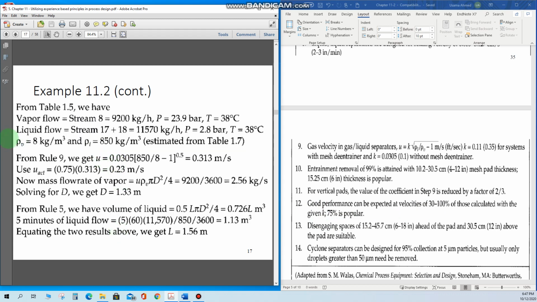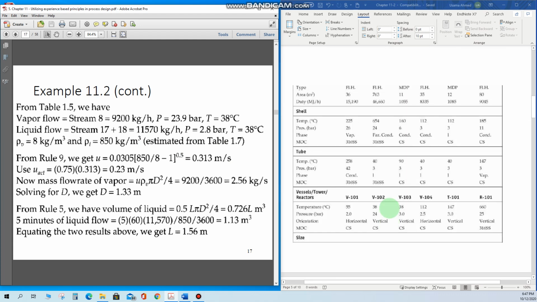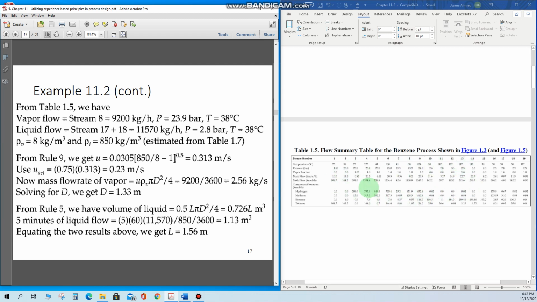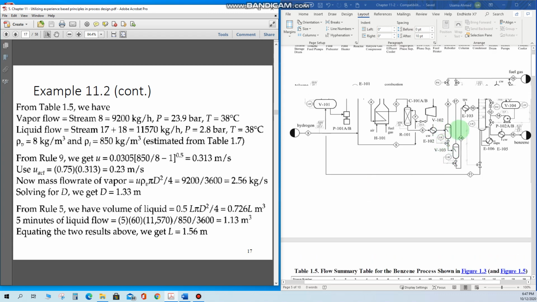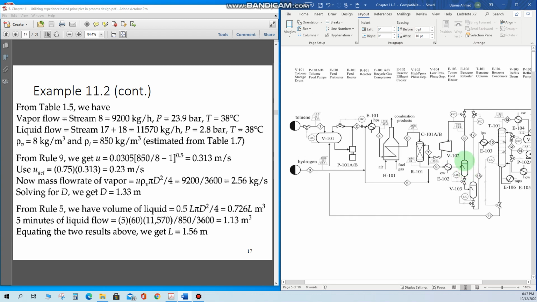Now from Table 1.5 we have the vapor flow rate, and we can get the liquid flow rate. So now you have to go to Table 1.5. It basically gives you the flow rates of different streams from this benzene hydrodealkylation process. As we are considering this vessel here, which vessel are we considering? This one, right? V102.